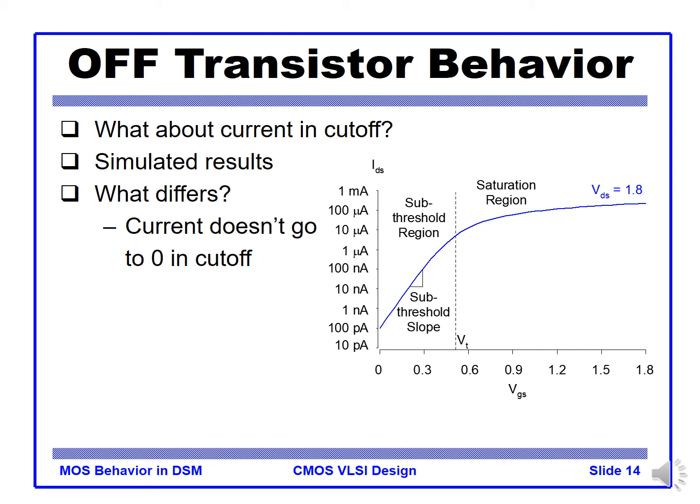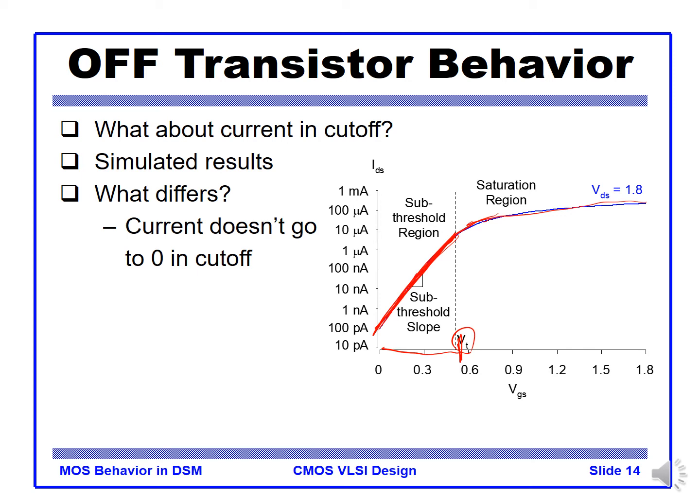Now let's take a look at the off transistor behavior. What would happen in cutoff? In the conventional model, the square law model, we assume that when the VGS is less than VTH, there's no current. But in reality, a small amount of current still flows. It doesn't go directly to zero.